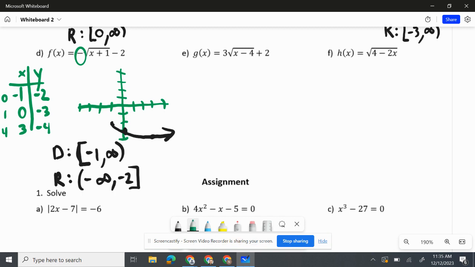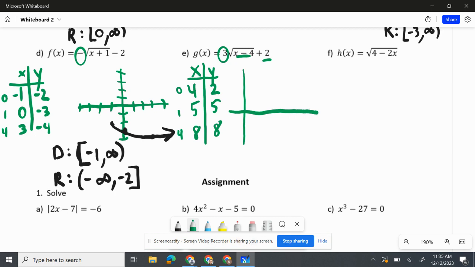Now looking at letter E, we're going to do the same thing. We're looking for our XY values. My HK is 4, 2, so that's what I'm starting off with, 4 and 2. My Y values are going up by 3, so that would be 5 and 8. And what gives me a 1 would be a 5, and what gives me a 4 would be an 8.